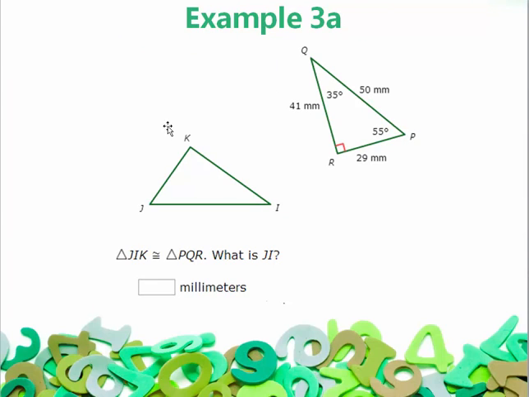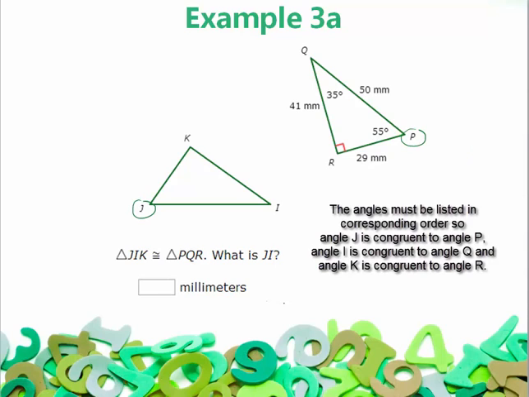In example 3a, we are looking at triangle JIK, and we know that it is congruent to PQR. So we know that angle J is congruent to angle P. Angle I is congruent to angle Q, and we know that angle K, since it's listed last, is congruent to angle R because it's last.